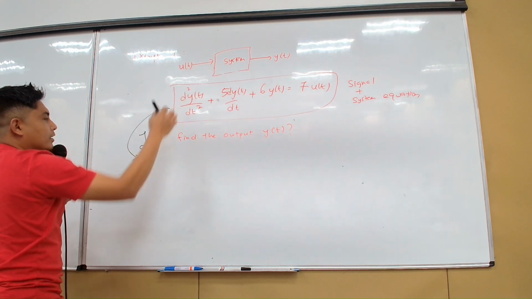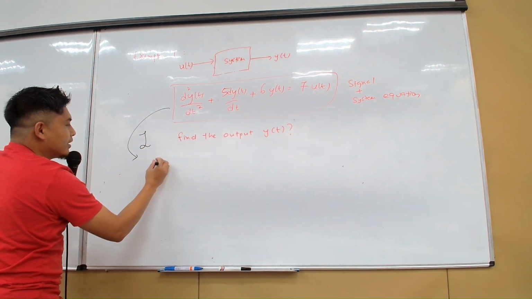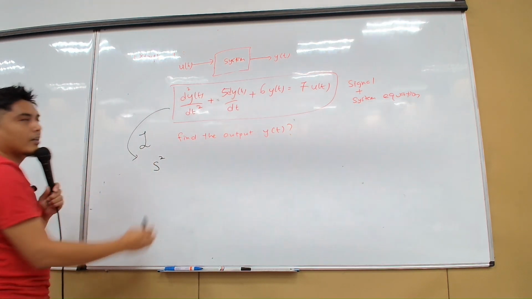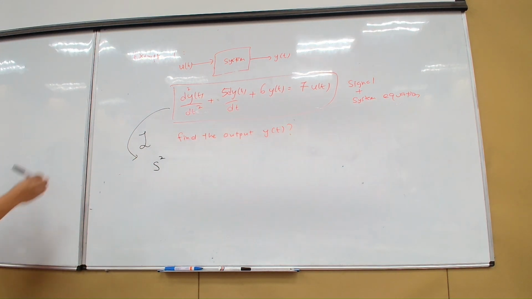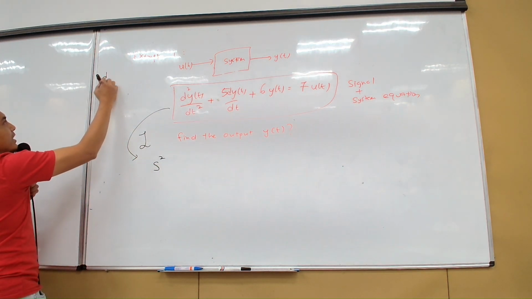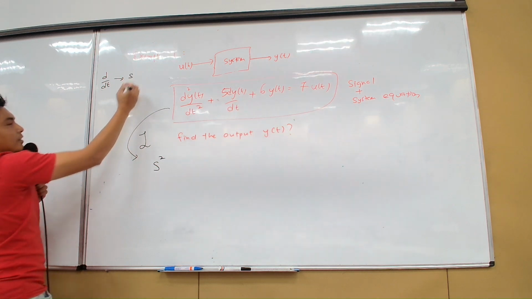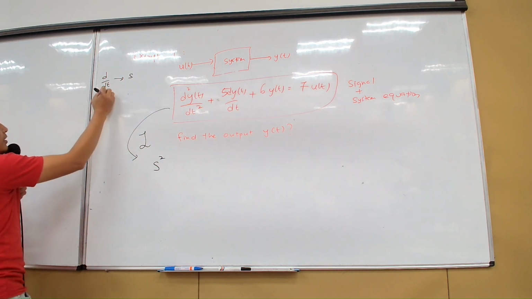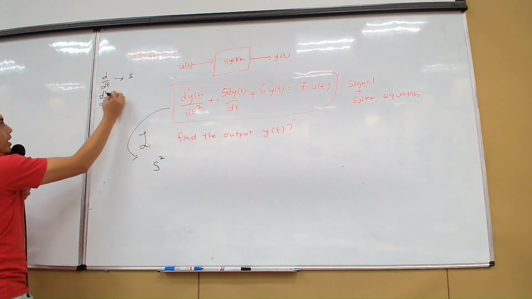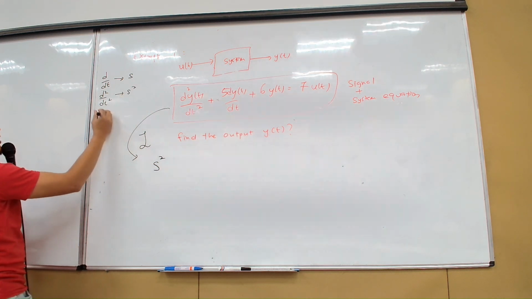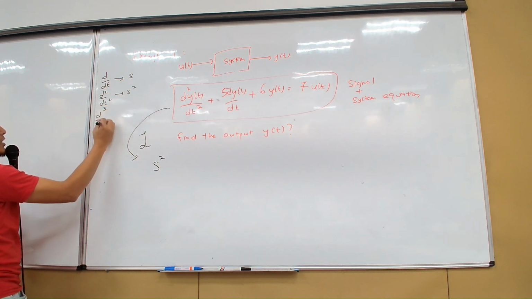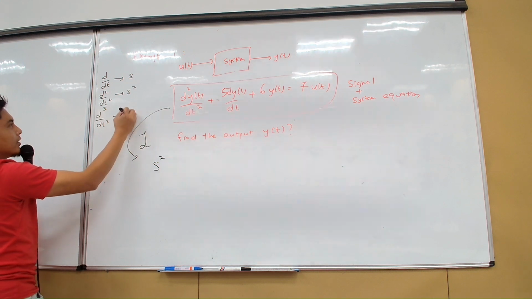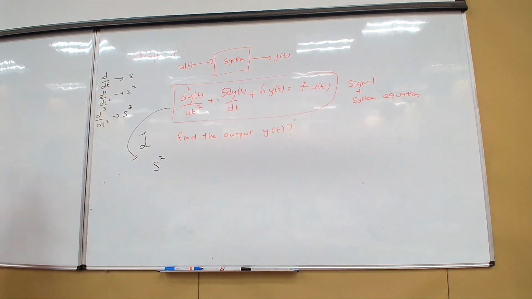The d square, differentiating 2 times, will give you s square. Because in Laplace, d over dt, you get s. If d square over dt square, you get s square. d cube over dt cube, you get s cube.